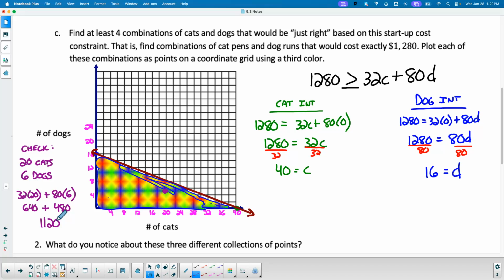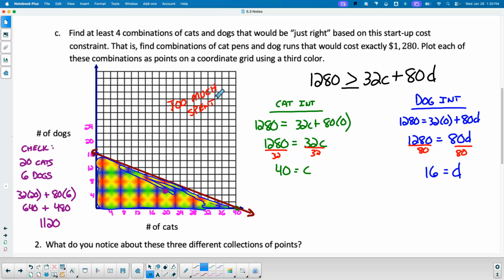Okay. Now, the nice part is now you can go back and answer all those questions. Spots that they spend too much money would be over here. So these would be the too much spent area.